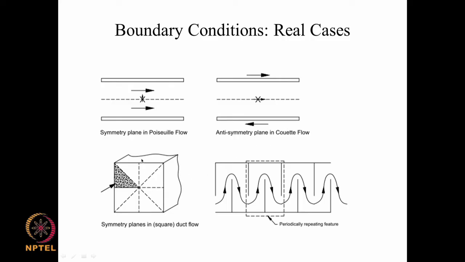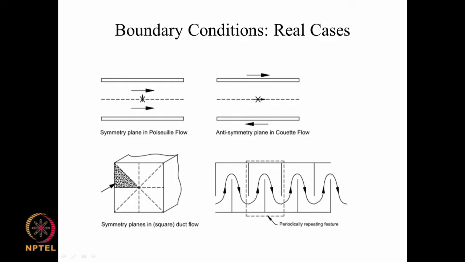And you can also have, for the rectangular case that we considered in the very first example, we considered this whole cross section and then we made this into lots of points here. But in this case the flow is symmetric: this half and this half are symmetric, and similarly this half and this half are symmetric, and this half and this half along the diagonal are symmetric.